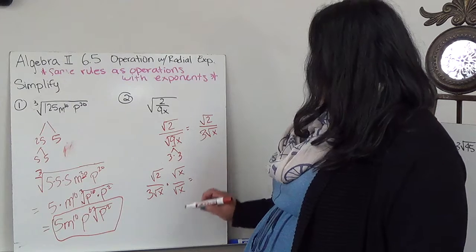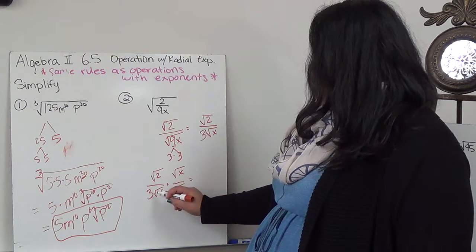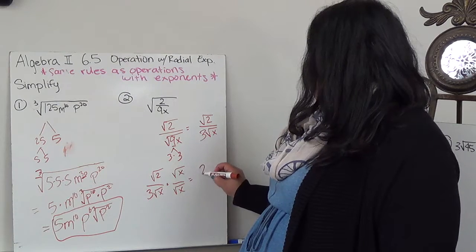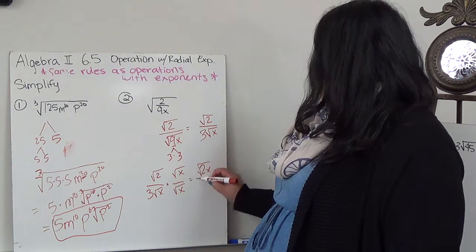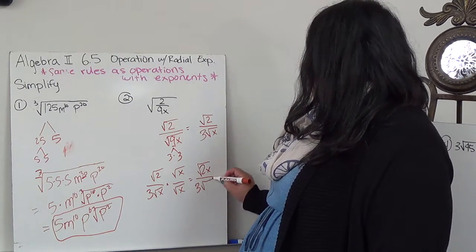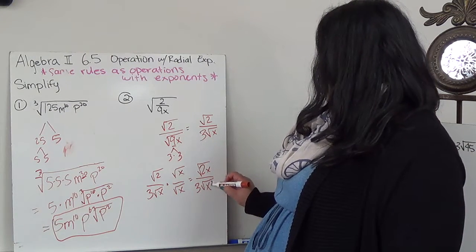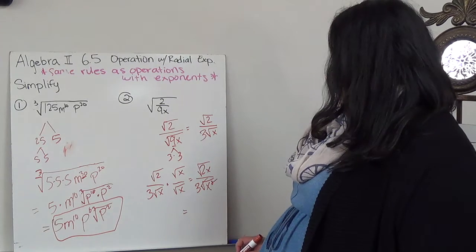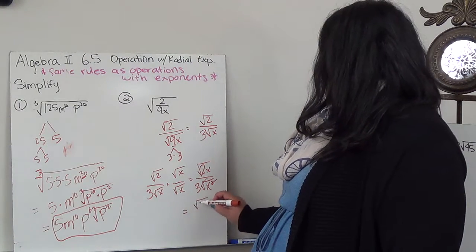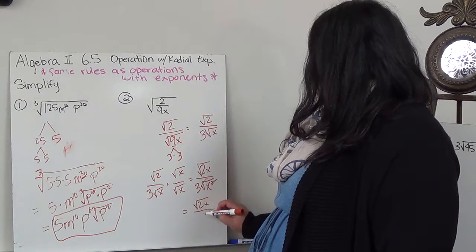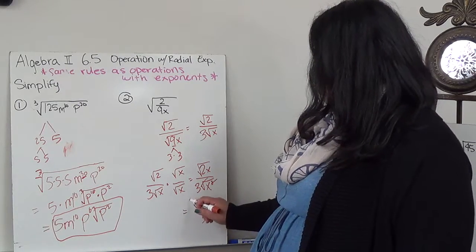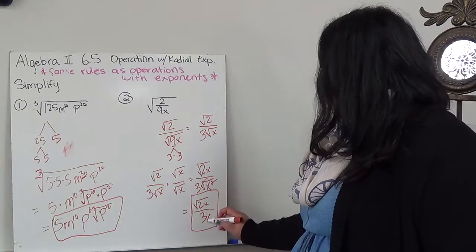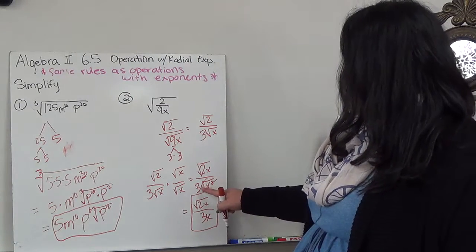So when that happens, this will be 2 square root of 2x over 3 square root of x squared. So this and this cancel out, giving me square root of 2x over 3x, because that x is still there, it's just there's no more square root.